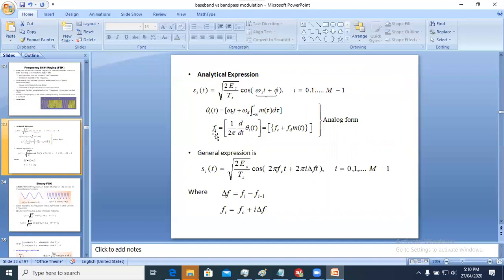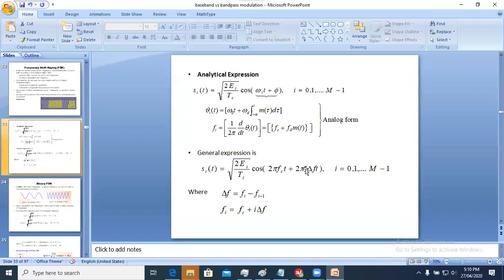If you want to calculate f_i from this theta_i of t, you take 1 by 2 pi and the derivative of theta_i of t. Finally you will get fc plus fd m of t. This is the instantaneous frequency in analog frequency modulation.